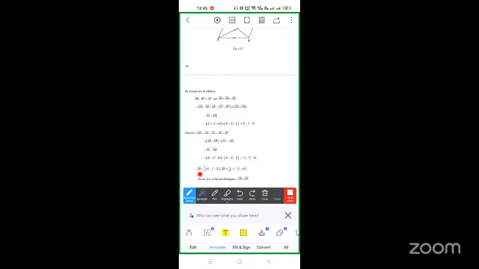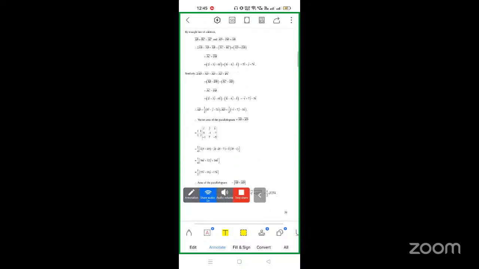Therefore the vector area of the parallelogram is equal to the cross product of any two sides of the parallelogram, AB cross AD. So 1 by 2 into 1 by 2 times the determinant i, j, k, 5, minus 1, minus 7, minus 1, 7, 5. So the determinant of the matrix.